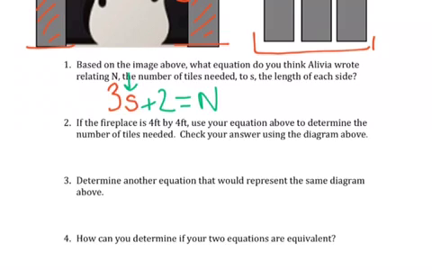It says, if the fireplace is 4 feet above to determine the number of tiles needed. The side length of 4 feet.